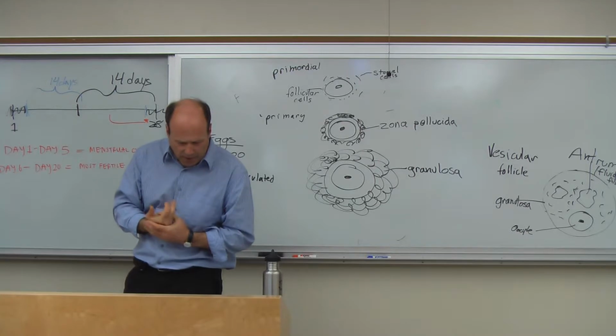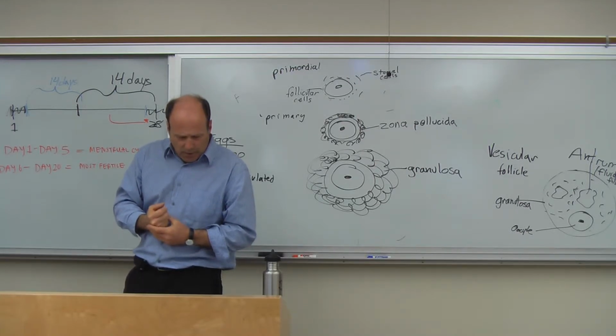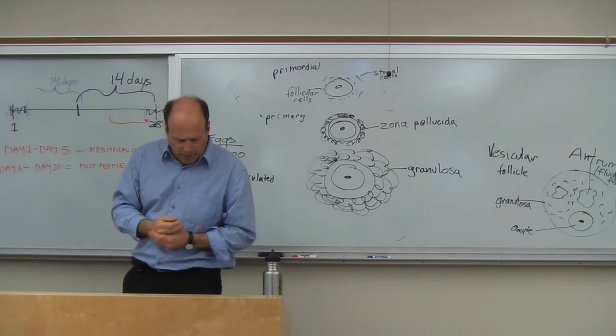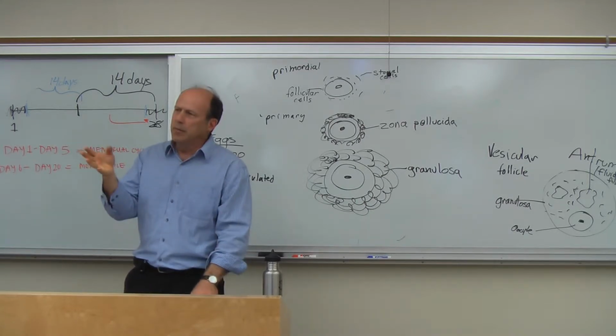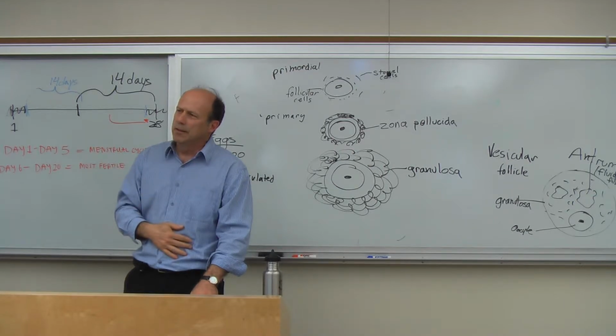But so what has to happen is the sperm need to deal with this corona radiata, and Connor, you had mentioned that process is the acrosome producing the digestive enzymes.